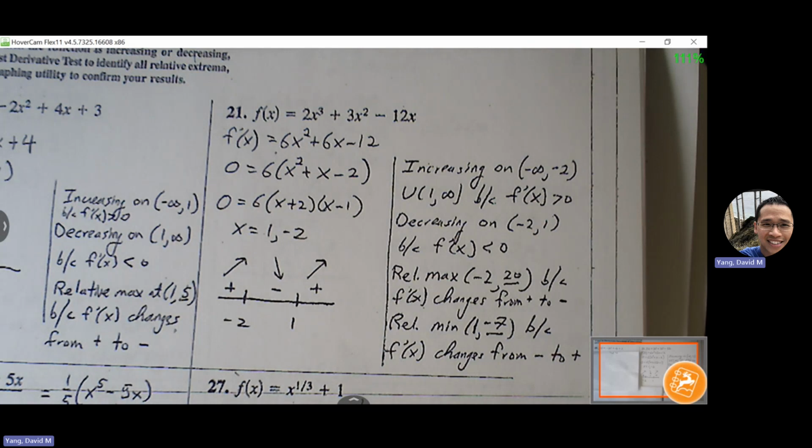Now you could go through quotient rule, but you're doing more than you have to do to get to your derivative. Okay, so find f prime, set f prime equal to 0.